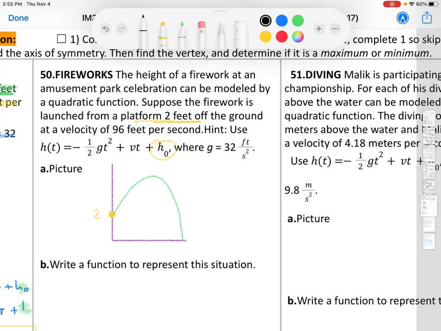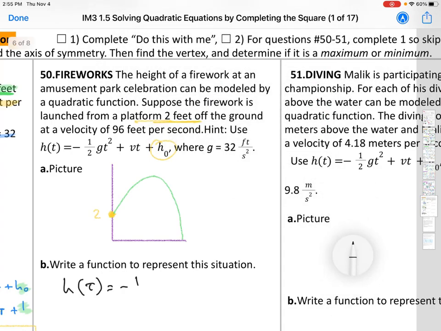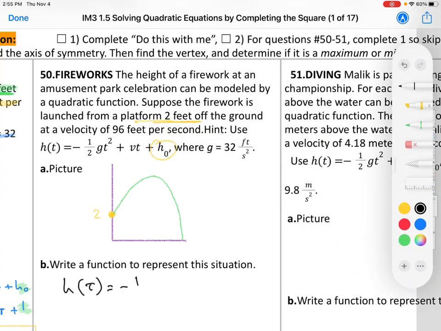Let's go ahead and write our function. I like to write capital T's. Okay, let's substitute in some values that we have. We already said that the platform of 2 feet off the ground is our HO.